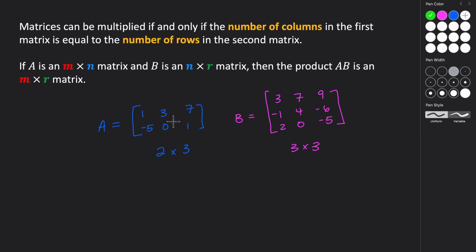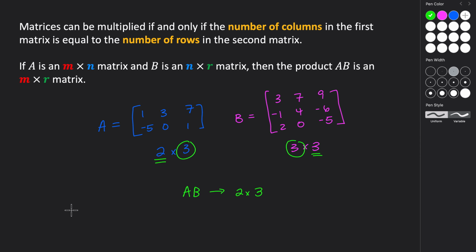If I wanted to take the product of these two matrices, the number of columns in my first matrix would have to equal the number of rows in my second matrix, and we would end up with a 2 by 3 matrix. So A times B would be a 2 by 3 matrix, and we can do this product because the number of columns in A equals the number of rows in B.